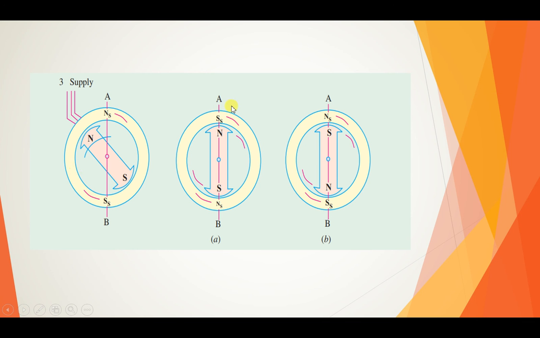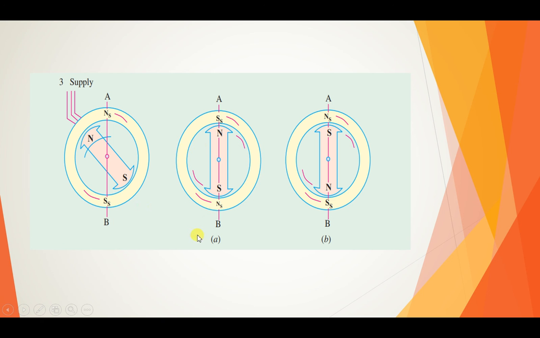At another instant, when the stator pole changes its position, now at A we have S and at B we have N. So at this instant, the north and south poles try to attract each other, so it moves in the clockwise direction, so they have opposite directions.